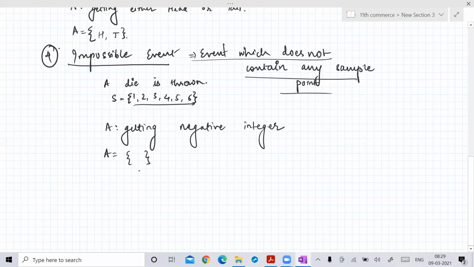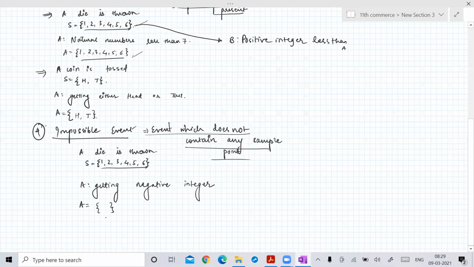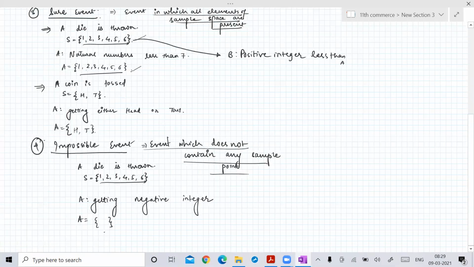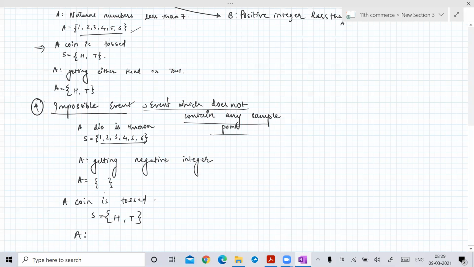Any doubt? Yes. यहाँ तक कुछ डाउट है बताओ, देख लो एक बार. इम्पॉसिबल इवेंट का और कोई एग्जाम्पल दे सकते हो? कॉइन के केस में दे दो. एक कॉइन इज टॉस्ड, सैंपल स्पेस क्या हो जाएगा? हेड एंड टेल. कैन यू गिव मी द एग्जांपल ऑफ इम्पॉसिबल इवेंट?